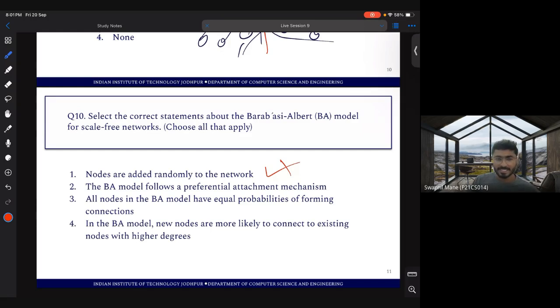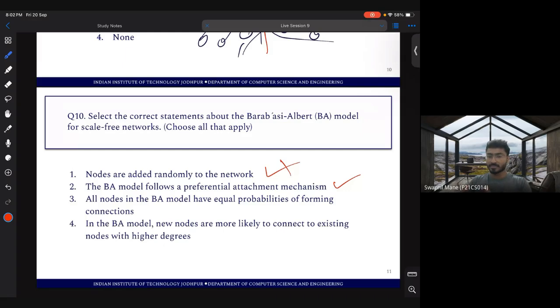Let's see the second option. It states that the BA model, which means Barabasi-Albert model, follows a preferential attachment mechanism. That is true, that we have just now discussed. In the third option, all the nodes in the Barabasi-Albert model have equal probability of forming connections. It's not like that, right? Equal probability of forming connections is in random graph generation.